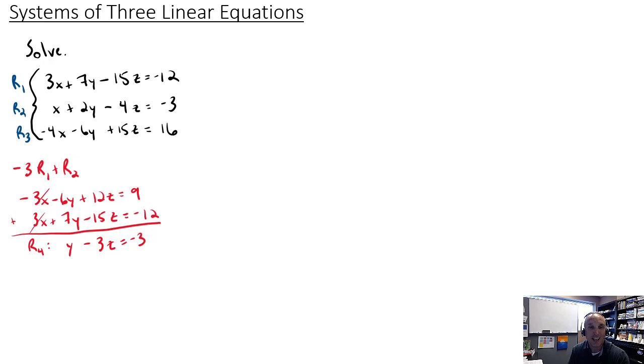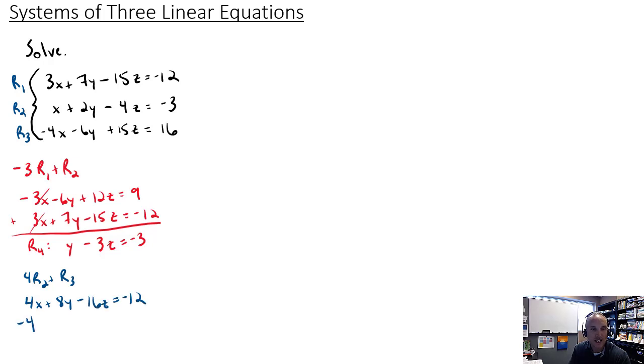Now I need to eliminate x again using two different equations above. So I'm going to use rows 2 and 3 and eliminate x. And to do that, I'm going to take a negative 4 times row 2 and add that to row 3. Sorry, positive 4 times row 2 and add that to row 3, because that'll give me a positive 4x and a negative 4x. 4 times row 2 gives me 4x plus 8y minus 16z equals negative 12.